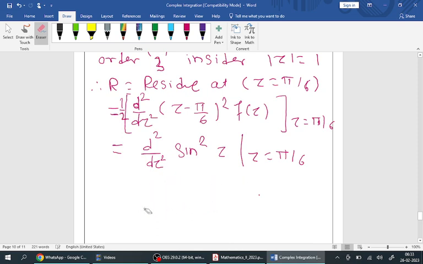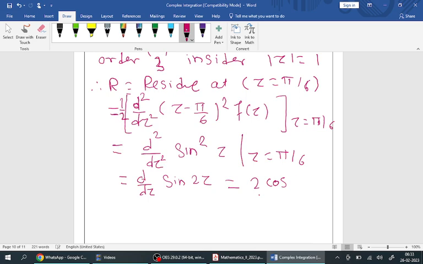So the first derivative is already taken here. So one more derivative left: d dz of sine of 2z, that is cos 2z into 2. So 2 times cos 2z, that is the second derivative there.